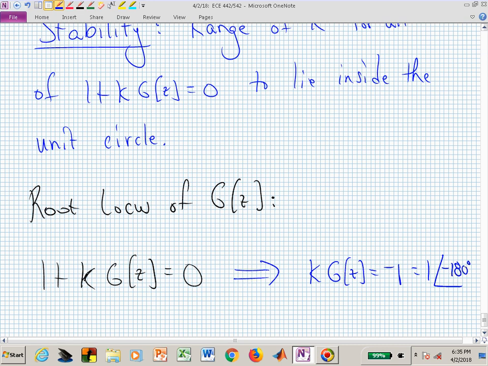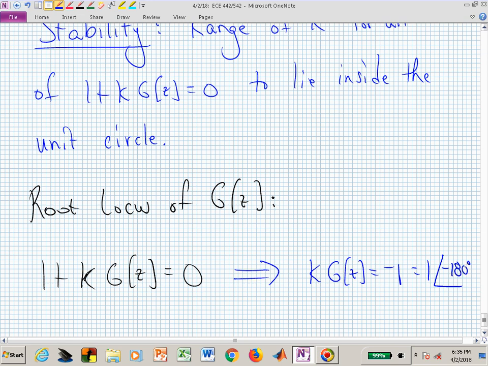If I have minus 1, do you see that I can get to minus 1 either going through plus 180 degrees or minus 180 degrees? It just makes more sense to talk about minus because that kind of seems like a delay. In the analog setting, that's true. That's why it could be plus 180, but the convention is it's minus 180.